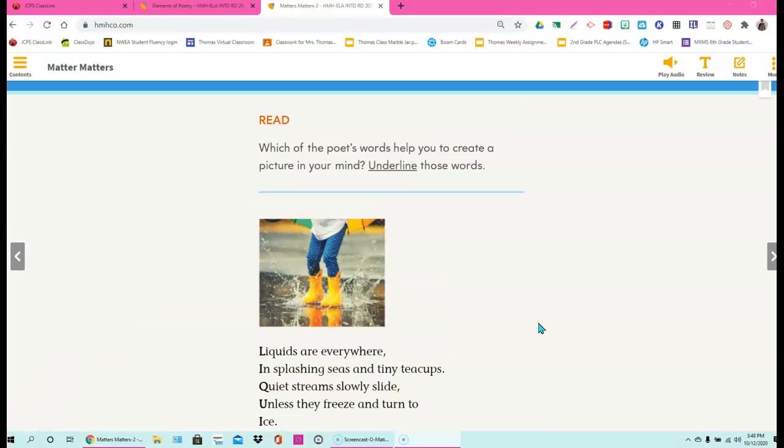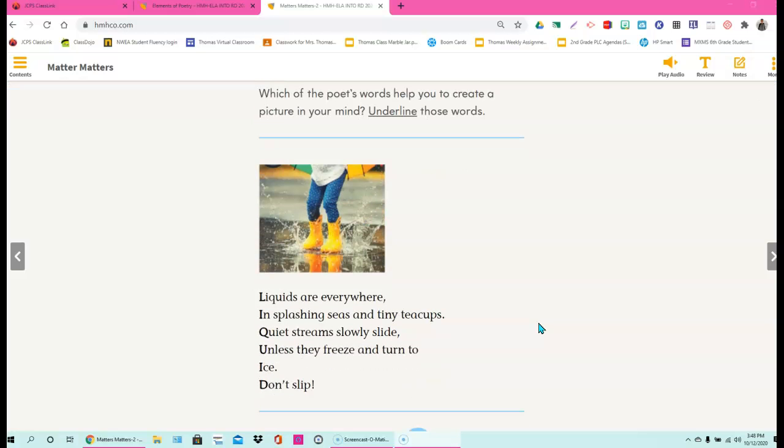All right, so now that we read our poem about solids, we're going to read our next poem. And are we seeing any pattern here? Are we learning different things about matter? We learned that the three types of matter are solid, liquid, and gas. And based on what we just learned in our last poem with text features and bold print, are you noticing anything on this page right away?